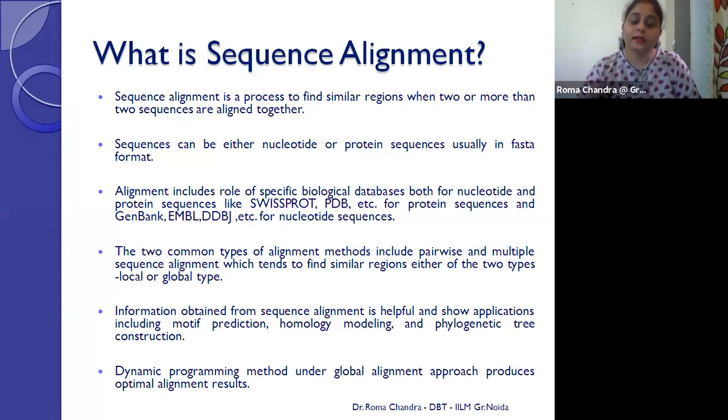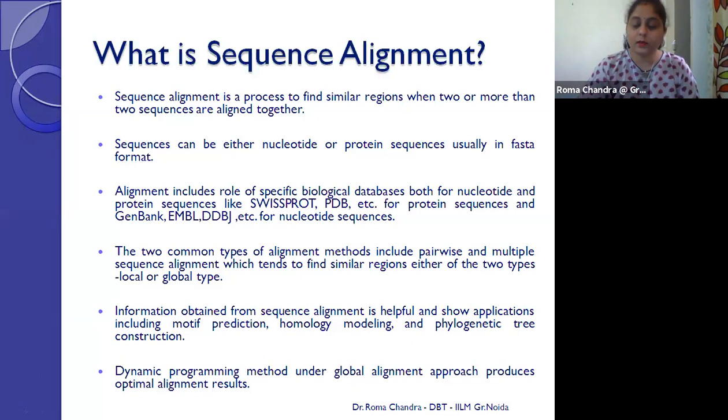The other method is multiple sequence alignment. In multiple sequence alignment, we deal with more than two sequences. When we talk about alignment, we try to search out similarity between more than two sequences, aligning them in a manner so that we can get the maximum similar region.